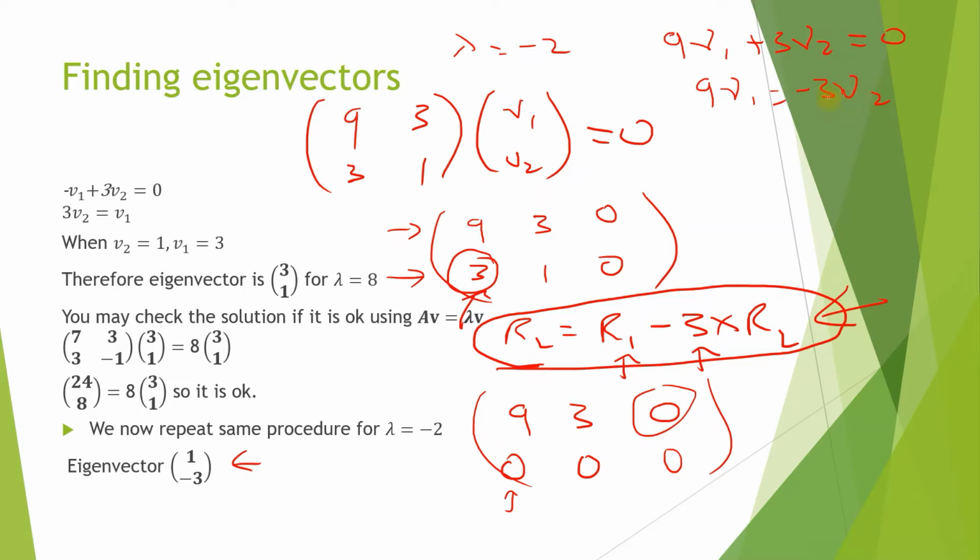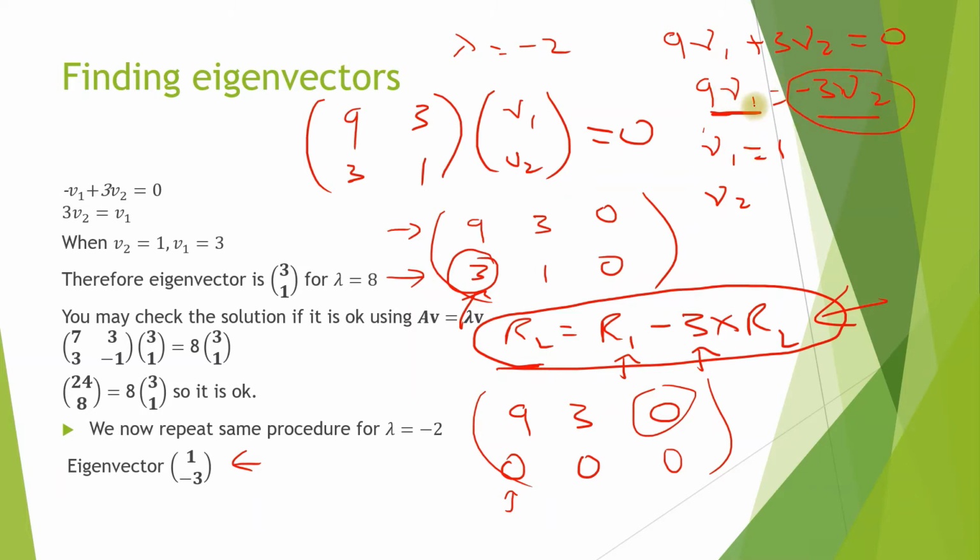Now let's try to figure out what's going to happen. If nu 1 equals 1, what happens to nu 2? If nu 1 equals 1, that part becomes 9. And how do I get 9 here? Nu 2 should be equal to what for this to be equal to 9?